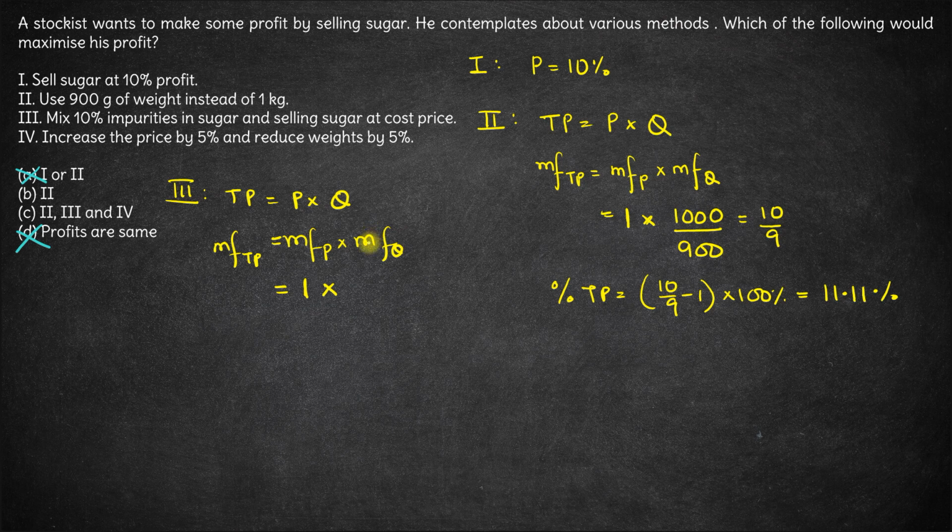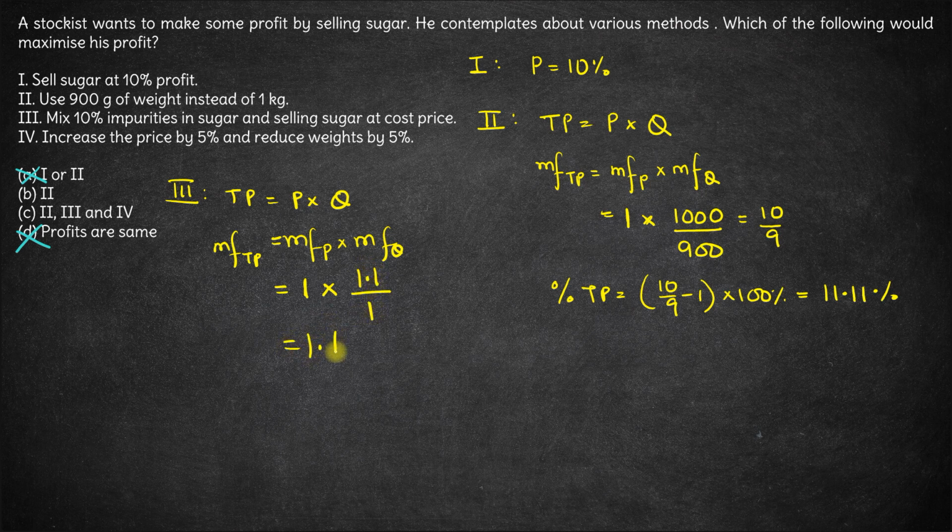What about quantity? Now let's say he buys 1 kg, and he mixes 10% impurities in it. So instead of 1 kg, when he mixes 10% impurities, the total weight now becomes 1.1 kg. So something which he bought as 1 kg, he is now going to sell as 1.1 kg. So the final quantity is 1.1, the initial quantity is 1.